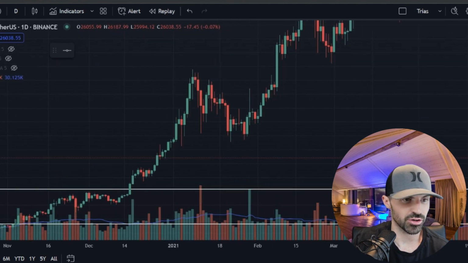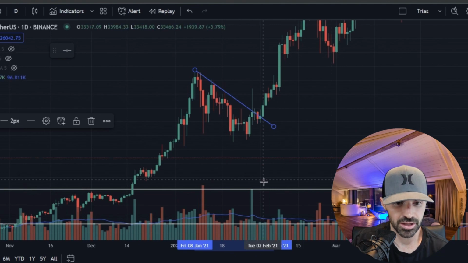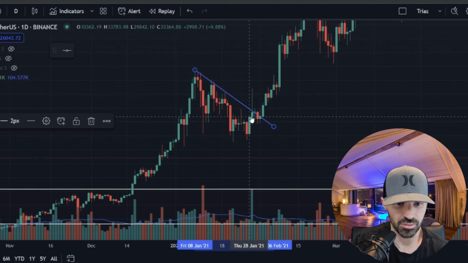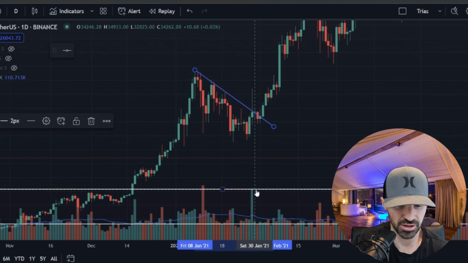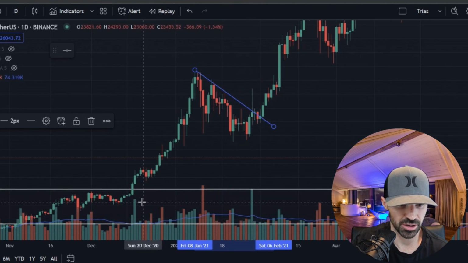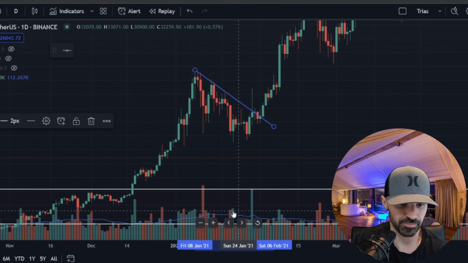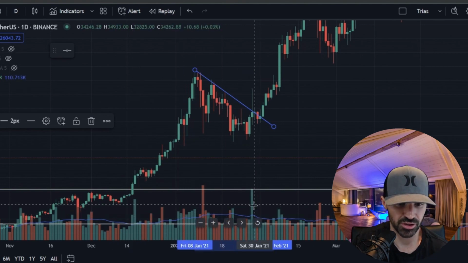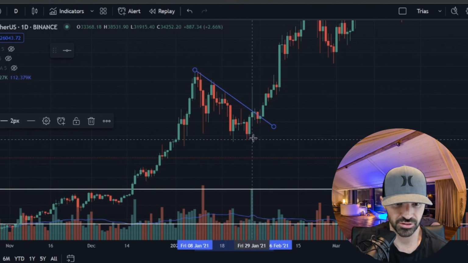If I just draw another trend line here, and again, you see when the price broke out, volume came in, and look at the size of that volume bar compared to the previous green volume bars. So this gave confirmation that there were plenty of buyers in the market, lots of interest.